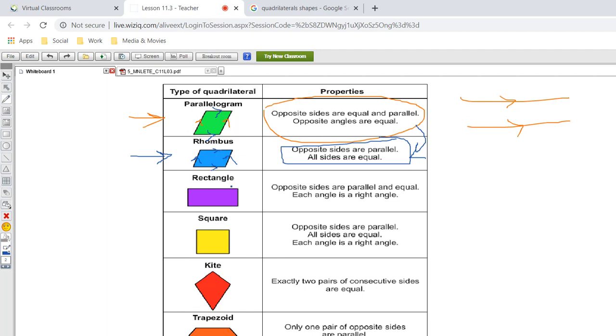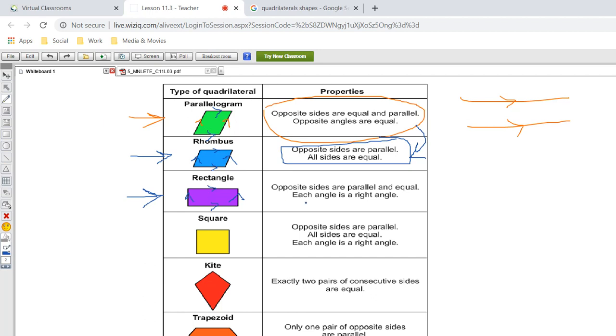Okay, the next one, rectangle. All of these quadrilaterals have four sides. A rectangle is a quadrilateral in which opposite sides are parallel like that.